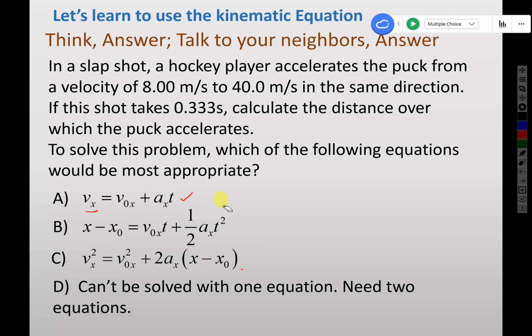So to solve a problem, what you need to know is what's given. If 3 out of 4 are given, you can find the fourth one in one step. But if you don't know 2 out of 4, then you need 2 equations. That's algebra I'm talking about, not physics.